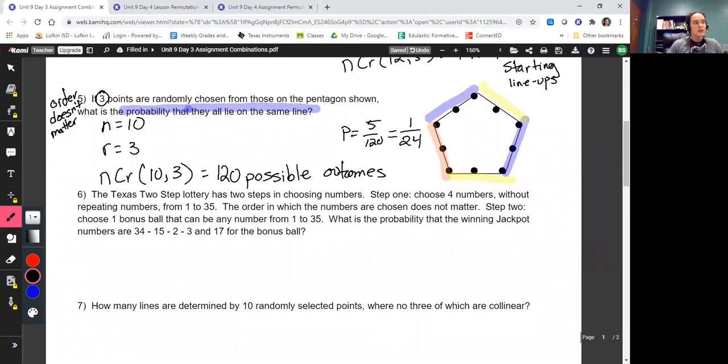Number 6, the Texas Two Step lottery has 2 steps in choosing numbers. Step 1, choose 4 numbers without repeating digits from 1 to 35. The order in which the numbers are chosen does not matter. Step 2, choose one bonus ball. That can be any number from 1 to 35. What is the probability of winning the jackpot? So we have 2 steps to this. Again, order doesn't matter, so this is a combination.